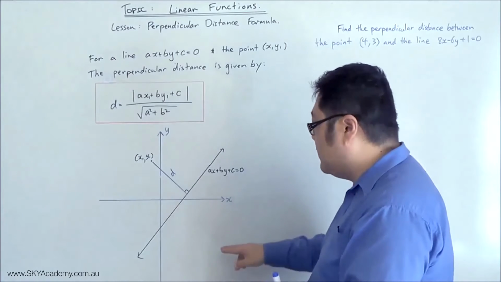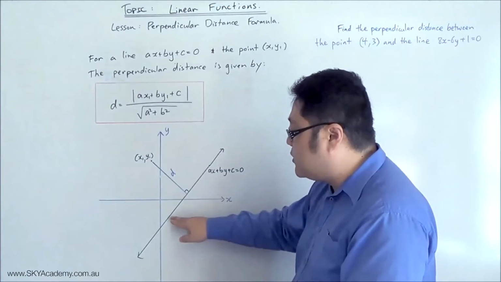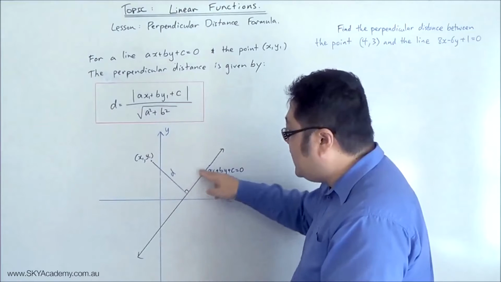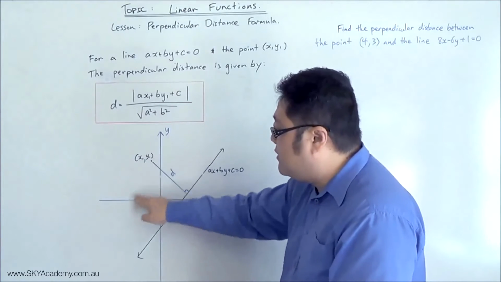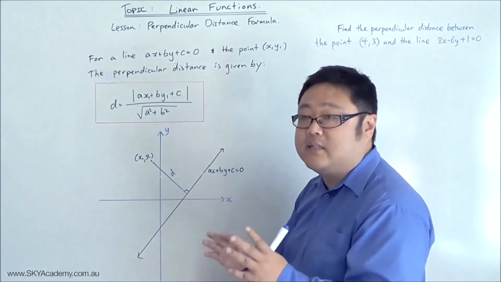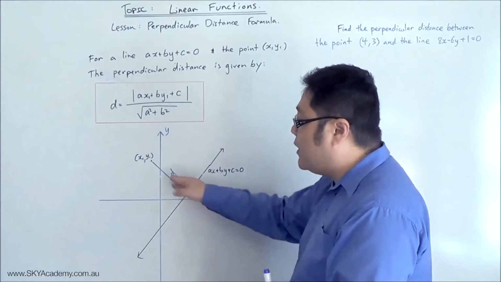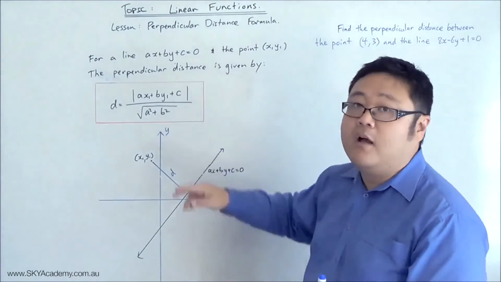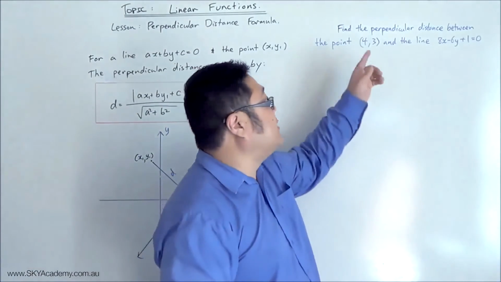See how this line here is shorter than any other distance to that line? The reason is that the perpendicular distance is the shortest distance, and to work out that distance d we use this formula. I'll show you how it's used for this particular question.